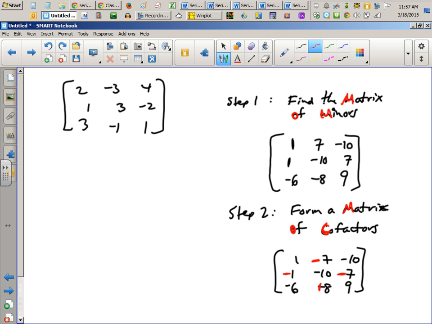Which terms did I change the signs for? Every other one. Did I change the signs on the first element? I did not. I changed the sign on the second element, the fourth element, the sixth element, the eighth element, the even elements.